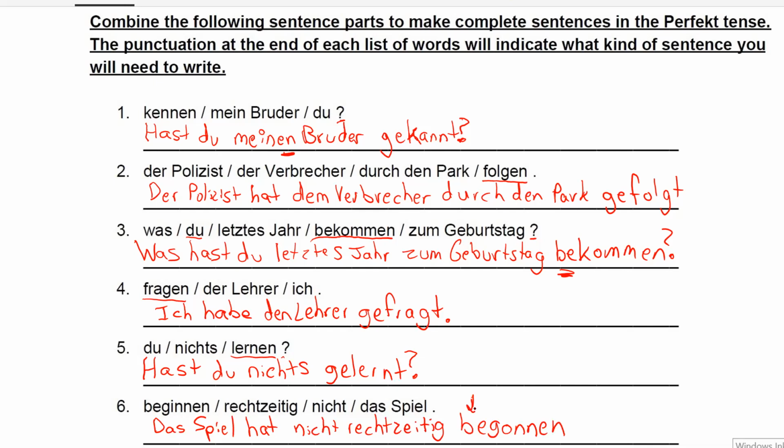Again, no GE here because this is again using the inseparable prefix of BE. Even though ginnen is not a verb, beginnen uses it as if it were an inseparable prefix and therefore begonnen as our past participle. It is also irregular because of this stem change here where we went from an I to an O.